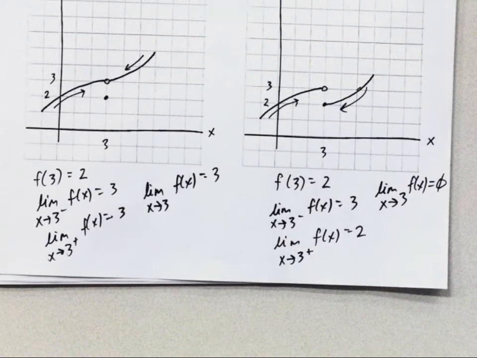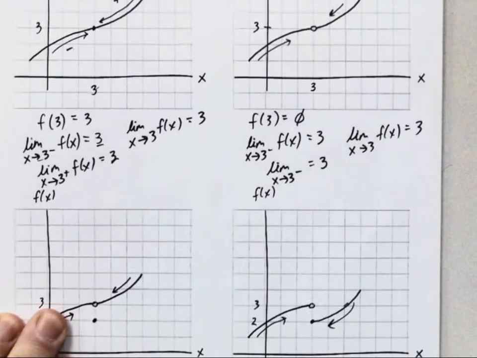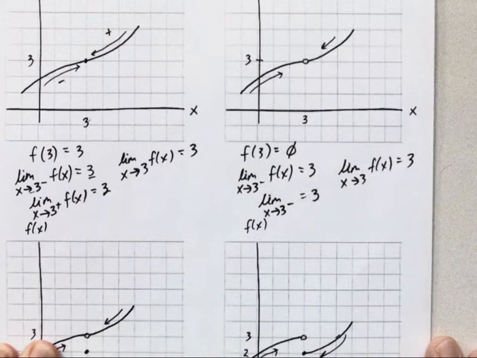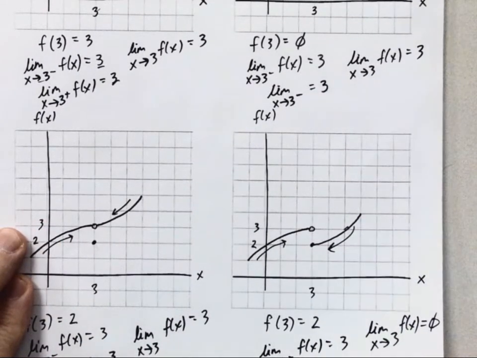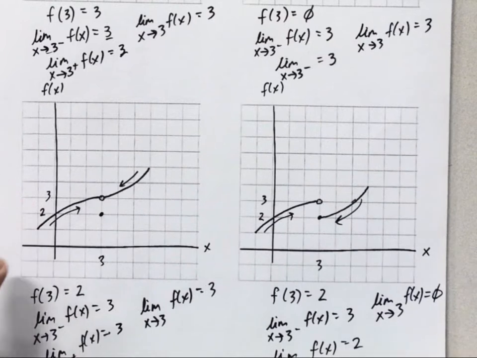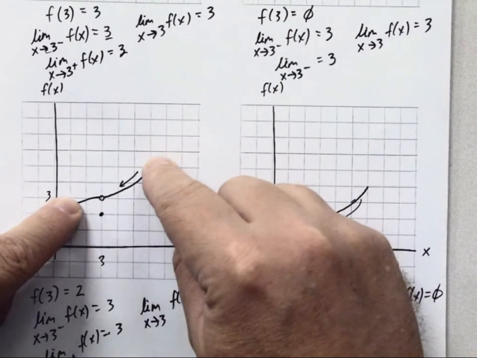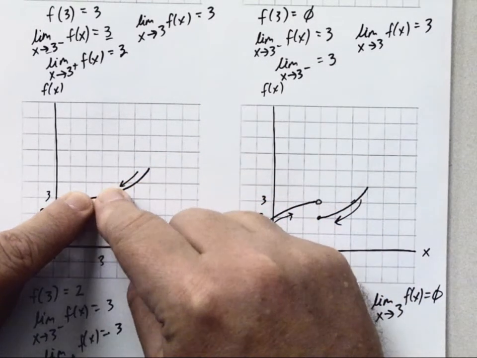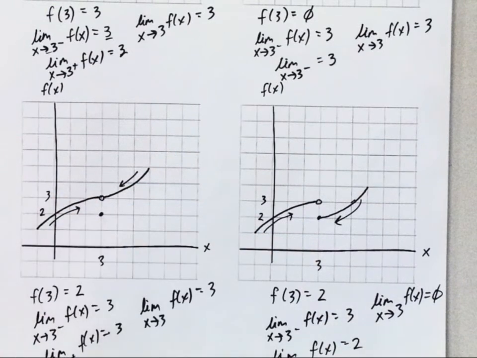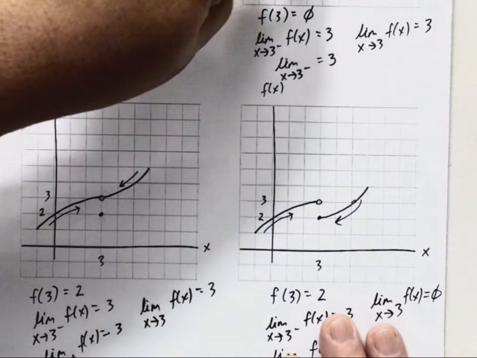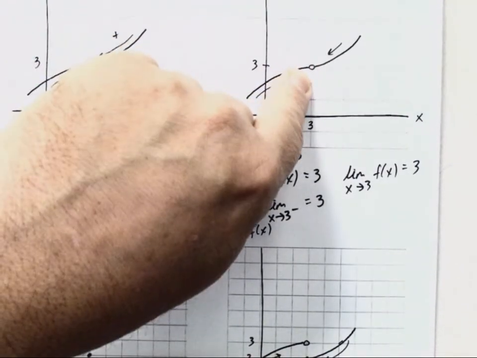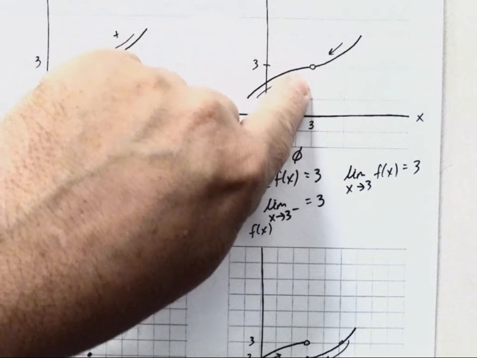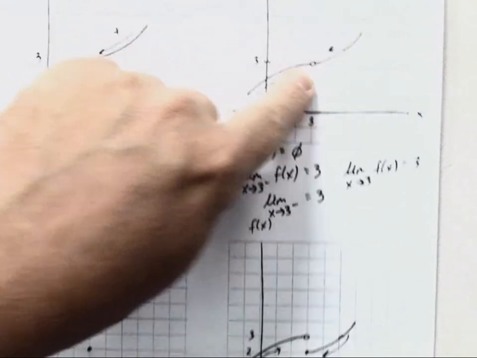All right, so hopefully this little exercise helps you to visualize what we're doing when we talk about these limits. The limits are, as you approach a certain value of x, what is the function approaching? You notice in this example, the function doesn't even exist at x equals 3.